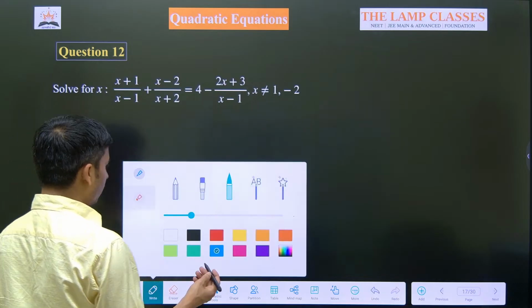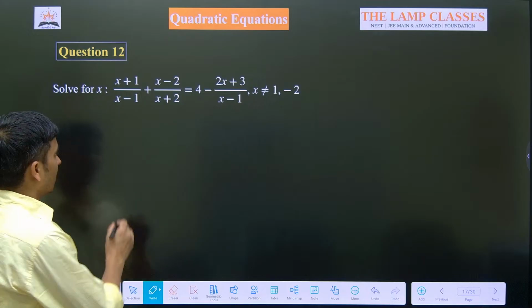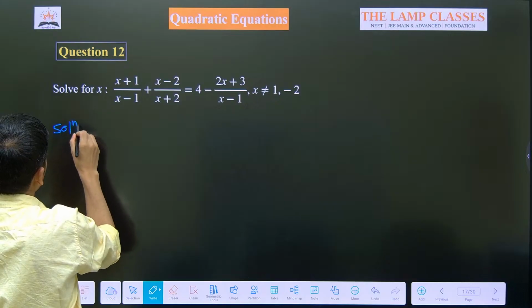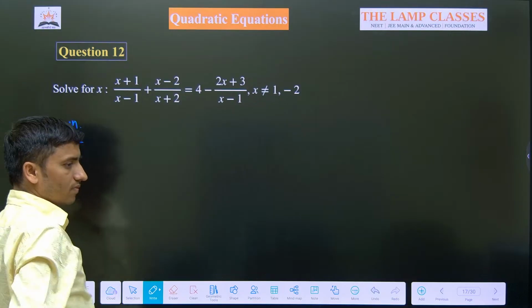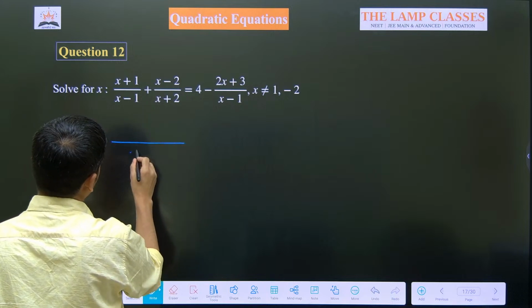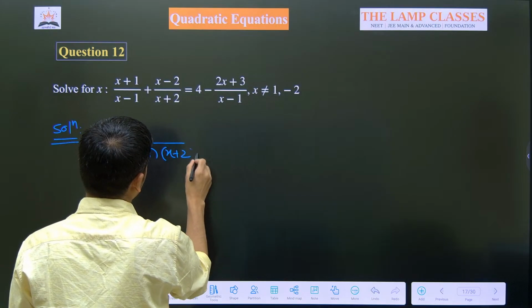Okay, so carefully we need to solve these kinds of questions, guys, because algebra is there, and it's a little bit of a complex expression. If we are not careful, one mistake can ruin the whole thing. Chalo, take the LCM on the left hand side, so it has to be x minus 1 times x plus 2.